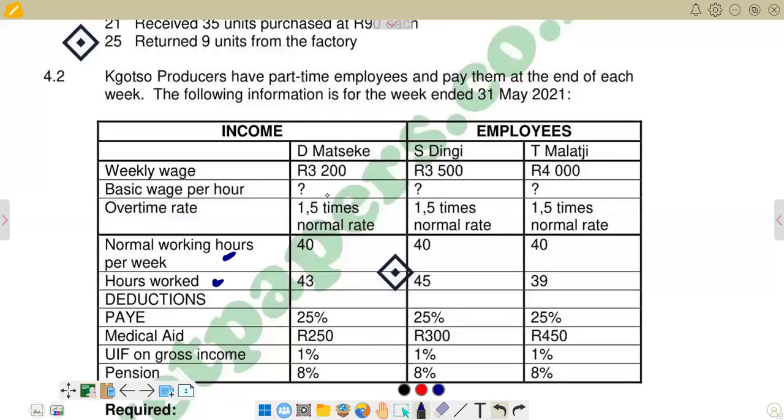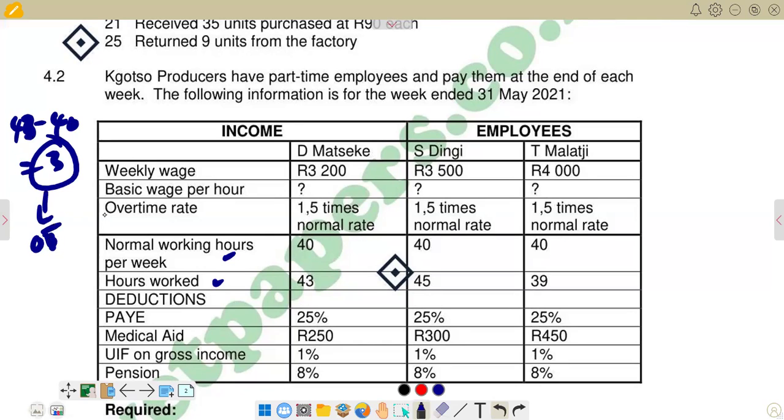For instance, under D Mateke, we have 43 hours worked with a 40-hour normal week. So we've got 3 extra hours, 43 minus 40, which goes under overtime.